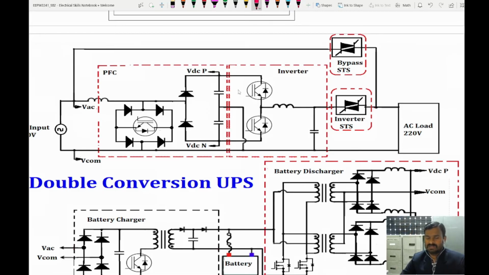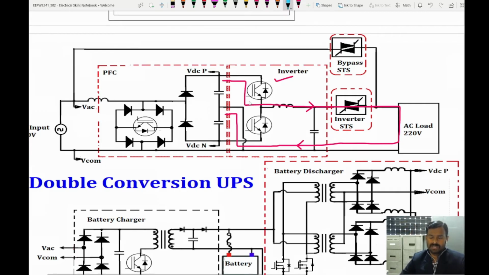These IGBTs are going to be triggered by the controller unit. Let us assume that IGBT 1 is triggered first. So now the current flow takes place in this way, so the current flows here.